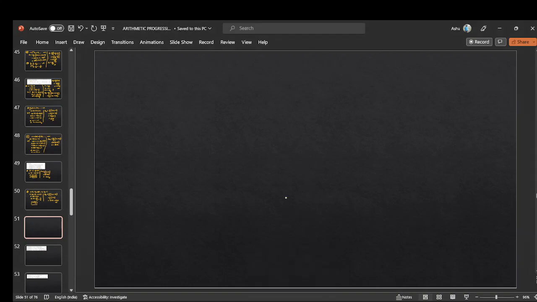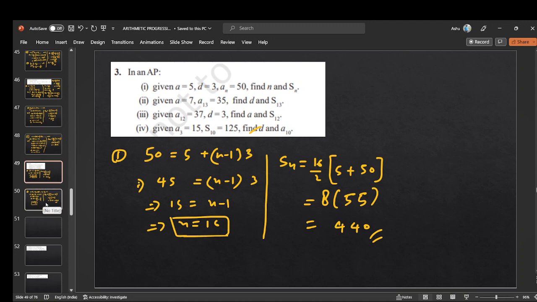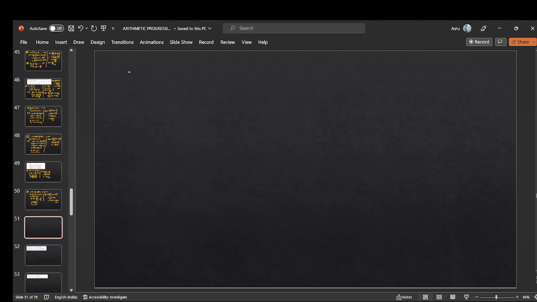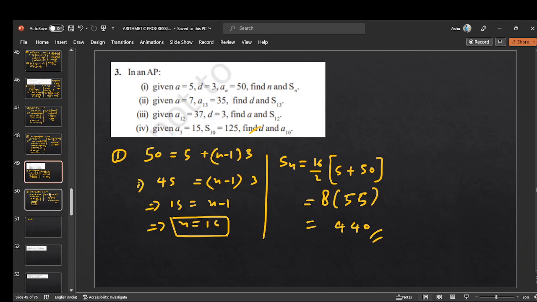Here A is given. Here this is the part of, and this is the third part. So A12 is 37, and D is 3.